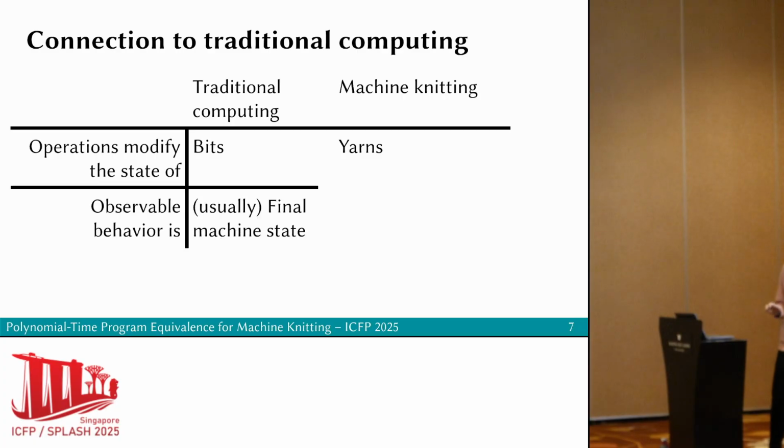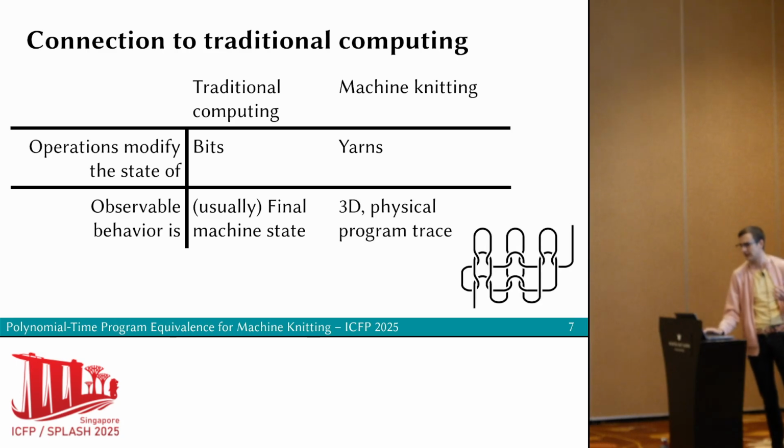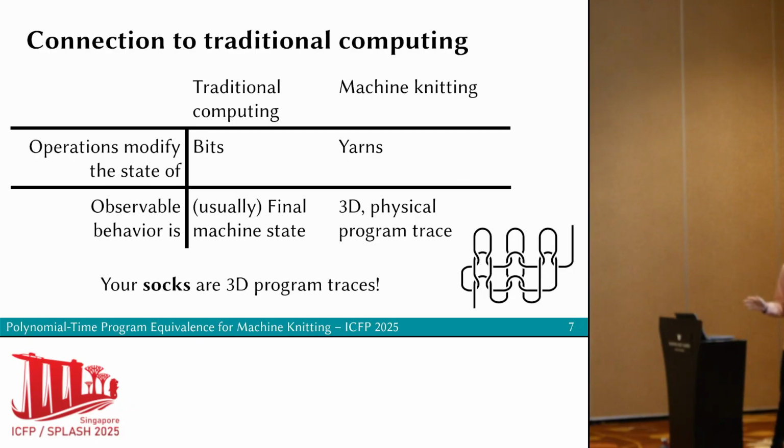Traditional computing is often studied where the only observable behavior is the final state of the machine, what the result of the computation is. But in machine knitting, the observable behavior is this physical program trace. As the yarns move throughout the machine, they leave behind a literal physical 3D trace of the yarn. So when you get the object out, that's really just a program trace. So this is my exciting takeaway. Your socks are physical program traces.